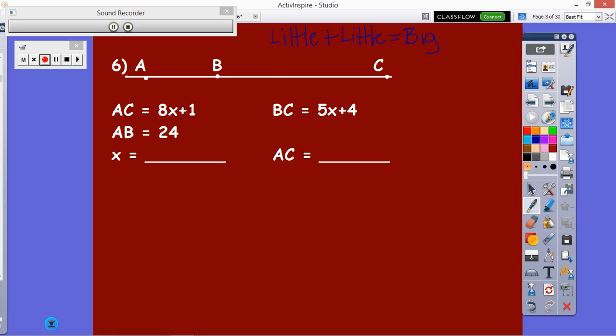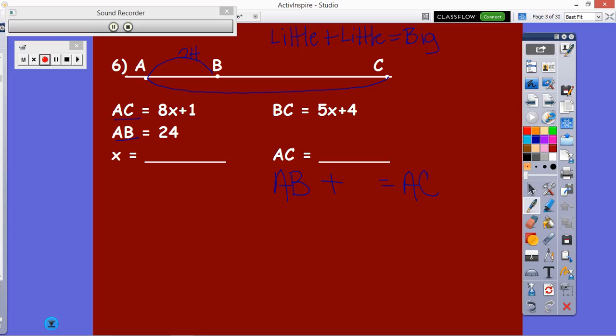And so we're ready to decide what our two little pieces are and what our big piece is. In this case, AC, notice, is the big. So in place of the big, I'm now going to have my AC all the way at the end. That means that my little AB, which is 24, is going to go here.